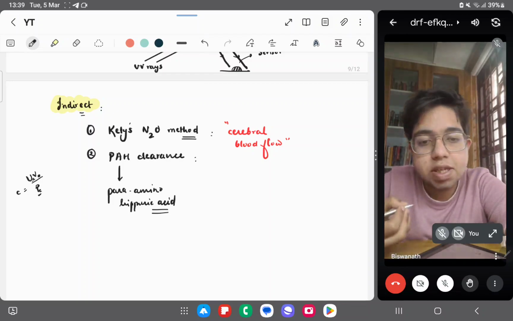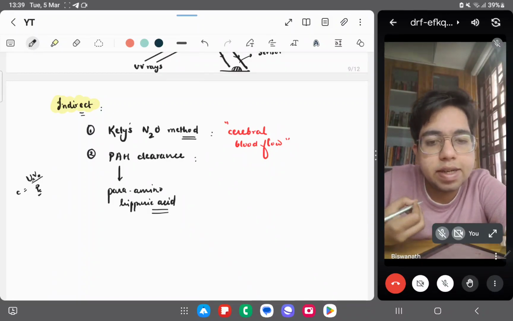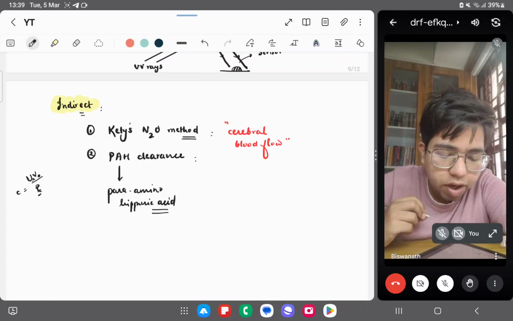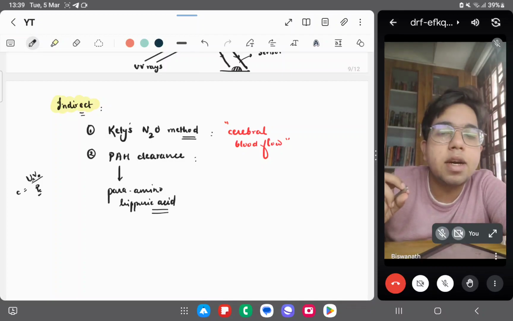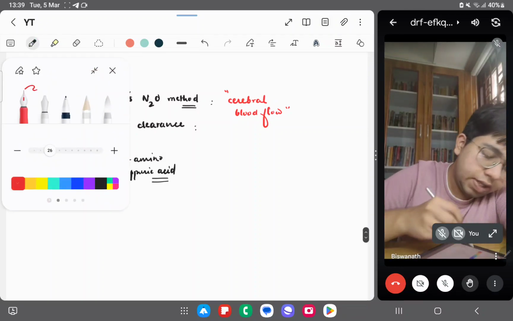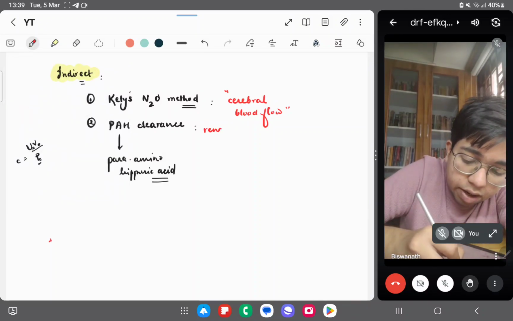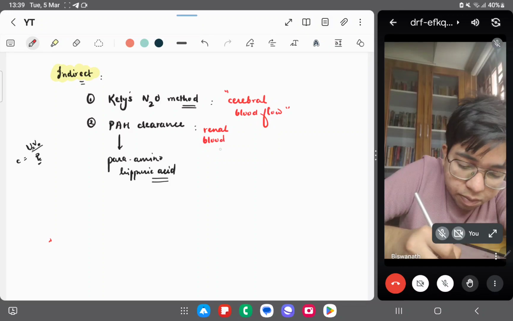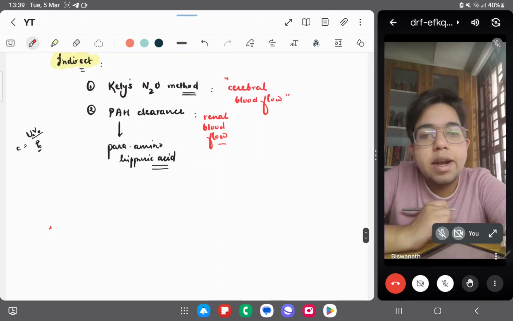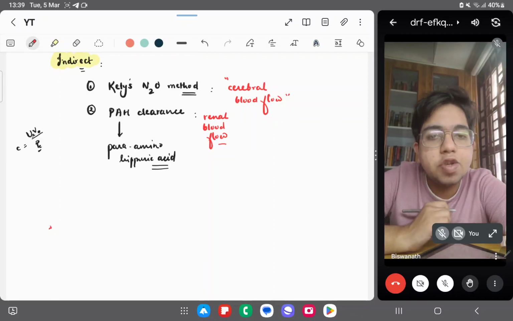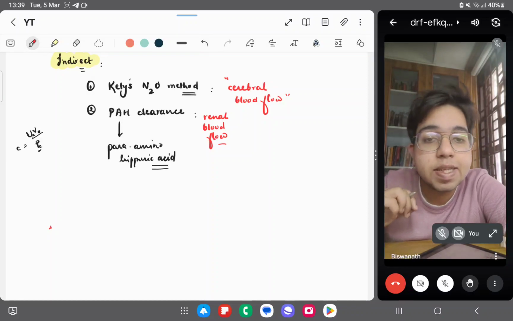Many equations are there in renal physiology, like urine clearance and creatinine clearance. Here we do PAH clearance, the para-aminohippuric acid clearance, and this is used for measuring renal blood flow, RBF.